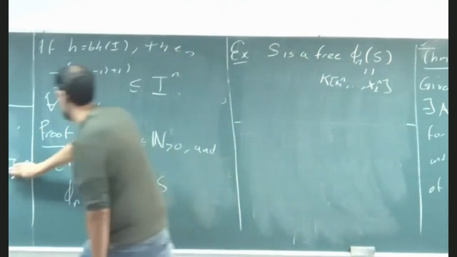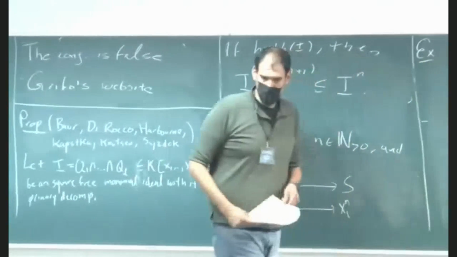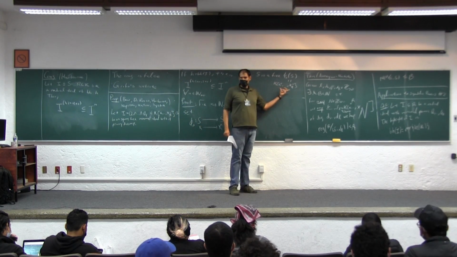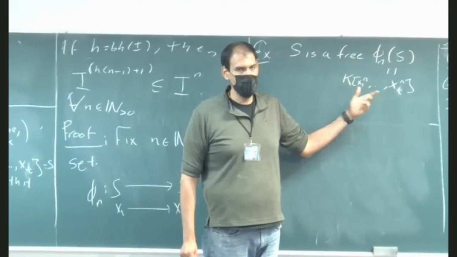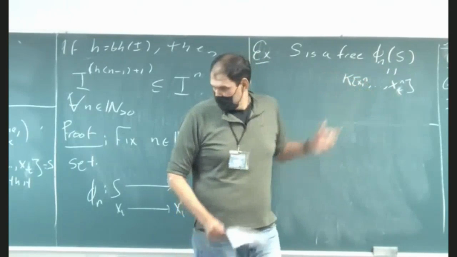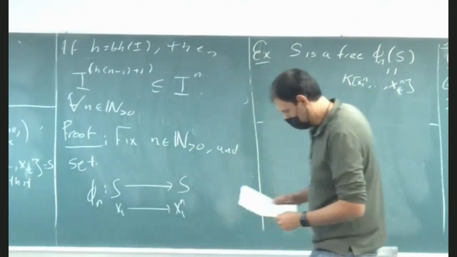Oh, this should be t, because we have to write it that way. And it makes sense. No, what you did to verify Kunz's theorem for power series rings or rings of polynomials in the problem set is pretty much the same idea. So this is free.